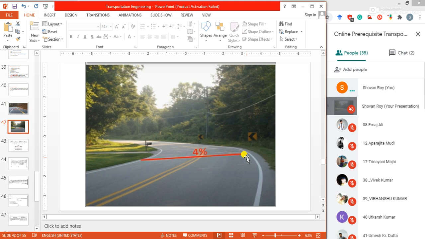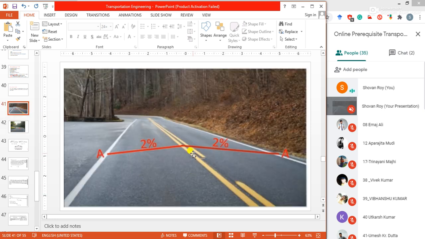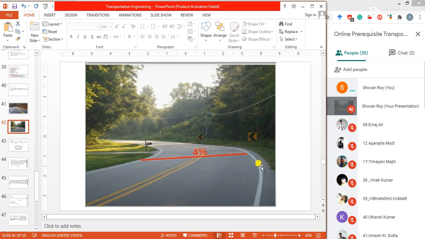The required camber of pavement depends on two factors: one, the type of pavement surface, and two, the amount of rainfall. If we provide this kind of camber, what should be the raising of the crown, and what should be the outer edge raising, the rise portion?